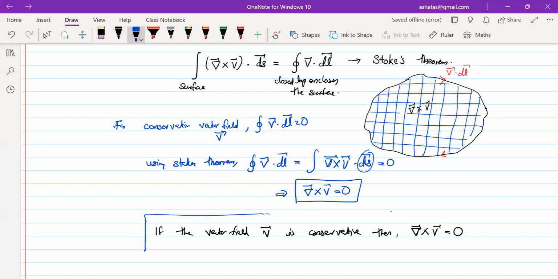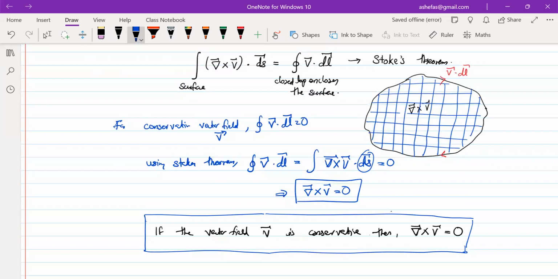This we can use as the checking criterion for the conservative nature of the vector field. Okay, so now finally we can discuss qualitatively how the Stokes theorem happens.